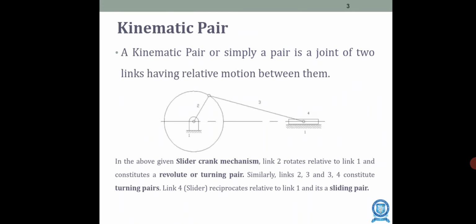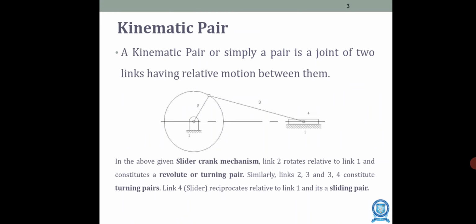You can see here in the slider crank mechanism, link 2 will be rotating relative to link 1, and will constitute a revolute or turning pair. Similarly, links 2 and 3, and 3 and 4 constitute turning pairs.